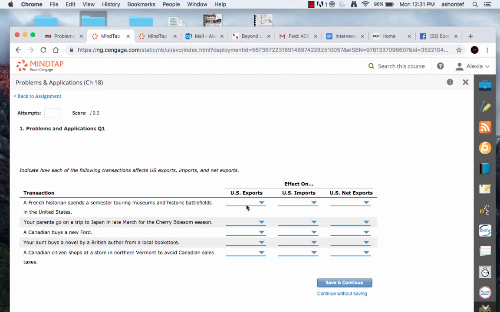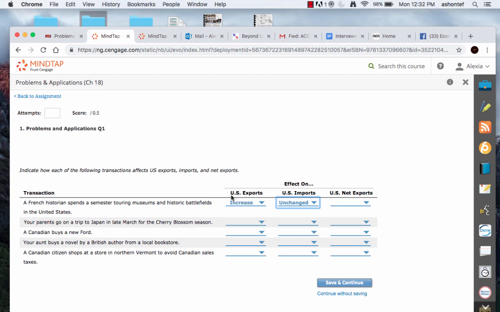So what that means is that's going to cause the exports to increase. It won't do anything to imports in this case because it didn't say anything about any foreign goods or services coming in. Remember, the foreigner has come to the United States and is spending here in the US. So they're buying US products.